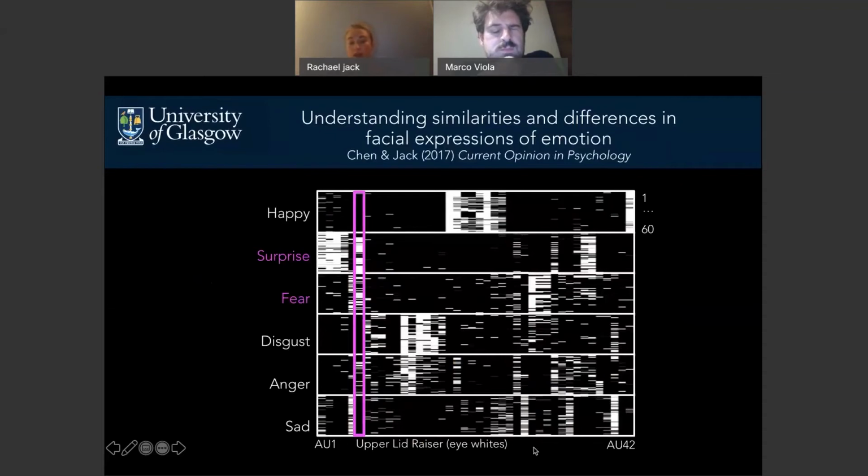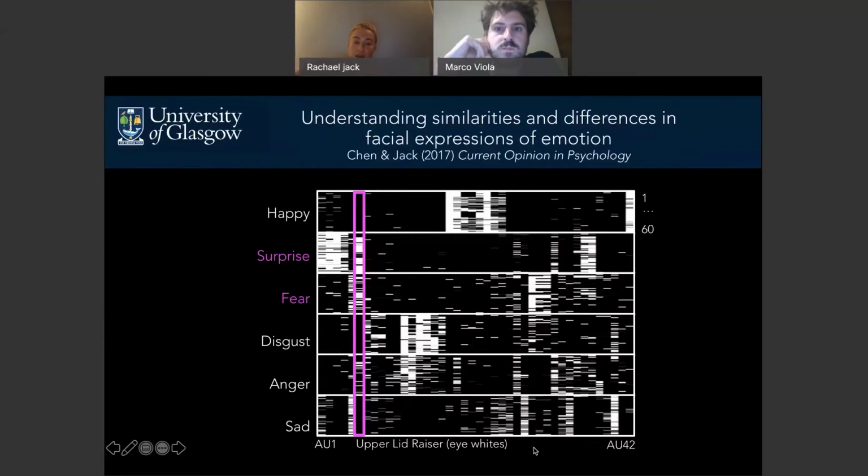So each row is a model that we derive from an individual participant. So you can see a lot of internal consistency, for example, with some action units, within a category. Also allows us to understand which action units are shared across emotion categories. Of course, across participants or across cultures, it's always just the same principle.